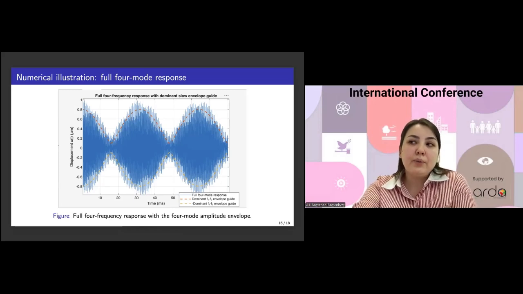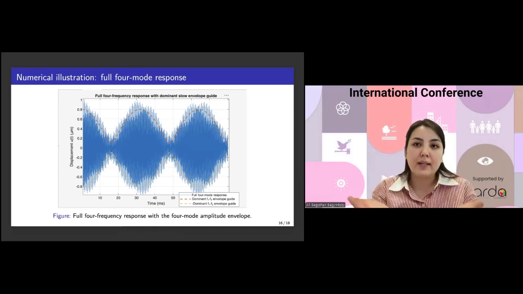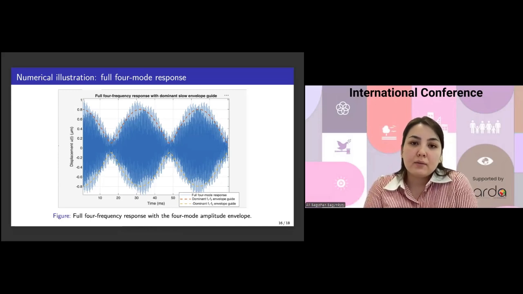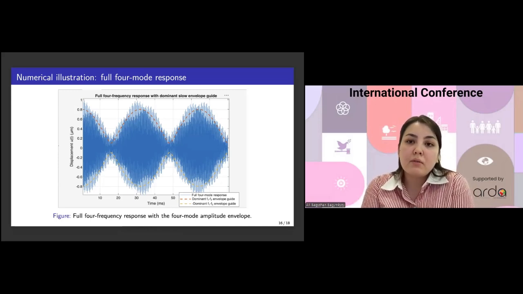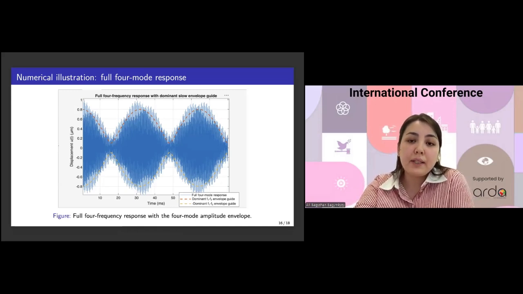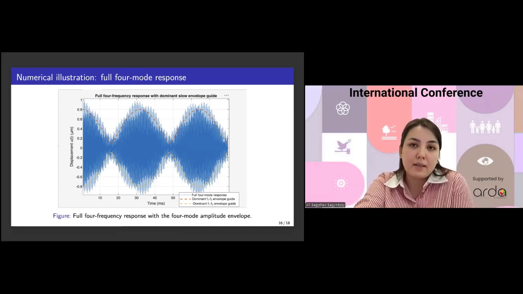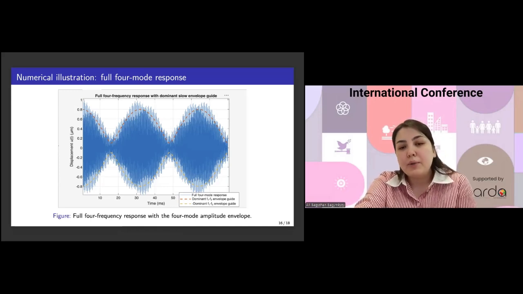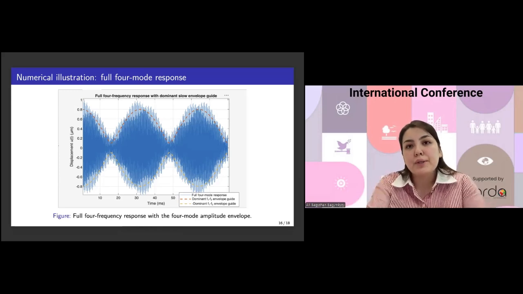Fourth, we validated our method by comparing it with generalized sine functions, and as you have seen, the results are good and validated. Finally, we used the MCF7 breast cancer cell as an example, studied the full frequency response, and showed that beat-like modulation is produced.